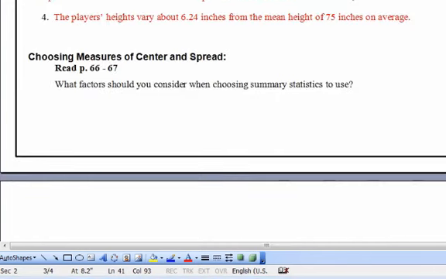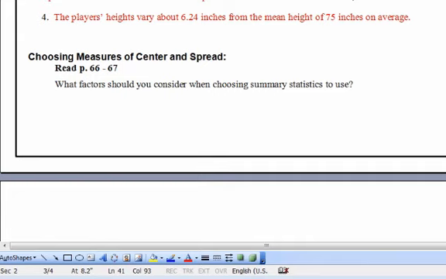We now have a choice between two descriptions of the center and spread of the distribution. We can use the median and the IQR, or we can use the mean and the standard deviation. Because the mean and standard deviation are sensitive to extreme observations, they can be misleading when a distribution is strongly skewed or has outliers.